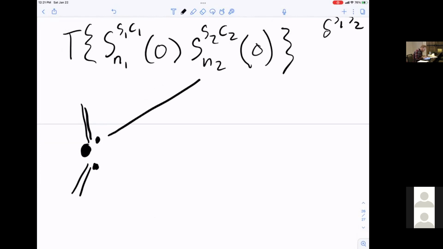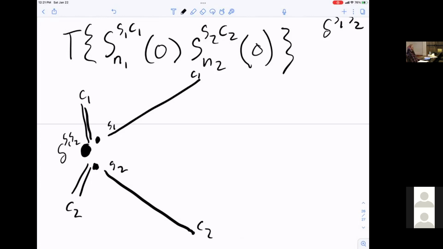Now here's my soft Wilson lines. So I have a delta S1, S2 sitting here, S1 here. And here I have my C1, here's my C2 over here, and here's my S2. And that gives you the structure of the color flow.